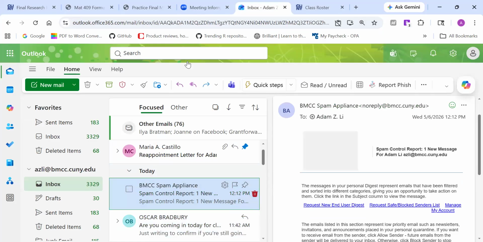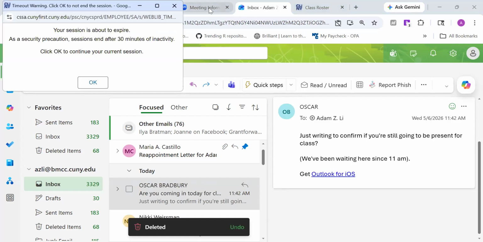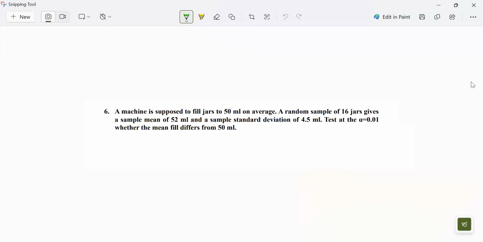But yeah, so let's look at the next question here. Yeah, question 6. So we're doing a hypothesis test, right? 6 is about hypothesis test. So again, I'll let you try it for like 5 minutes, and I'll show the solution.